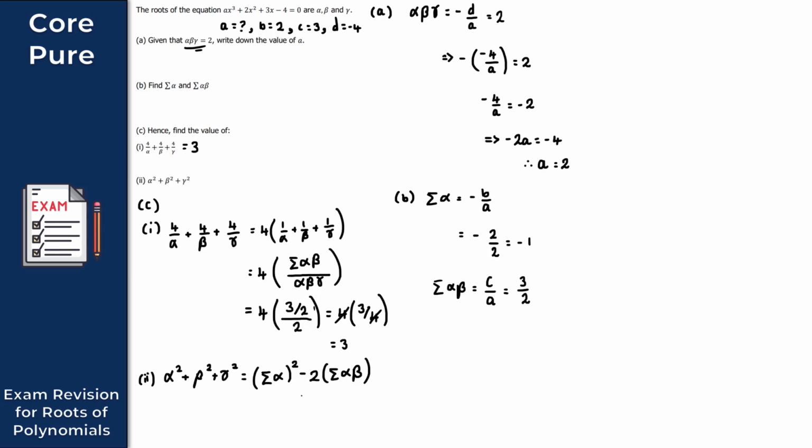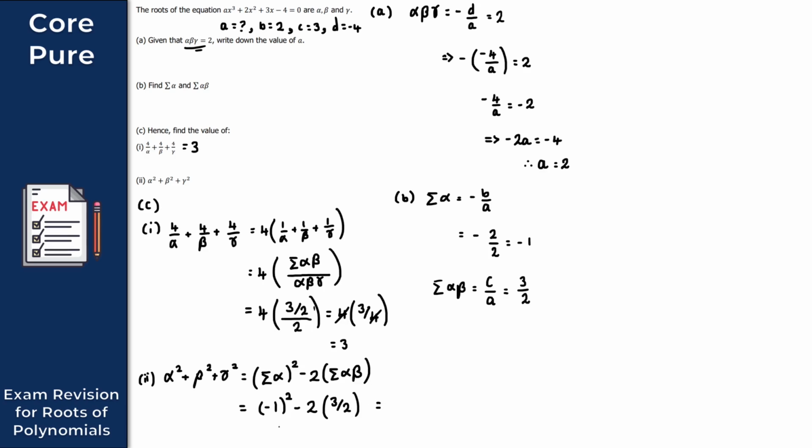So sigma alpha is minus 1. So what I get here is minus 1 all squared minus 2 lots of sigma alpha beta, which is 3 over 2. So minus 2 lots of 3 over 2.